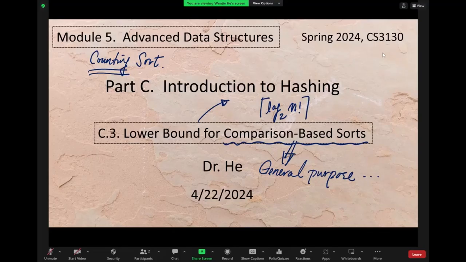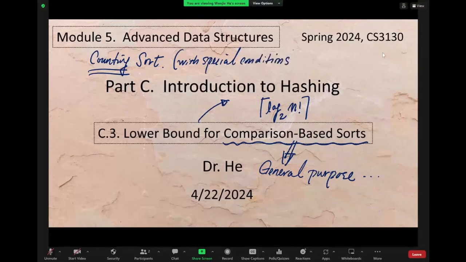It means there are some special requirements you need to use. So for this sort, you need to assume some special requirements, special conditions. Otherwise, you cannot apply this sorting algorithm.